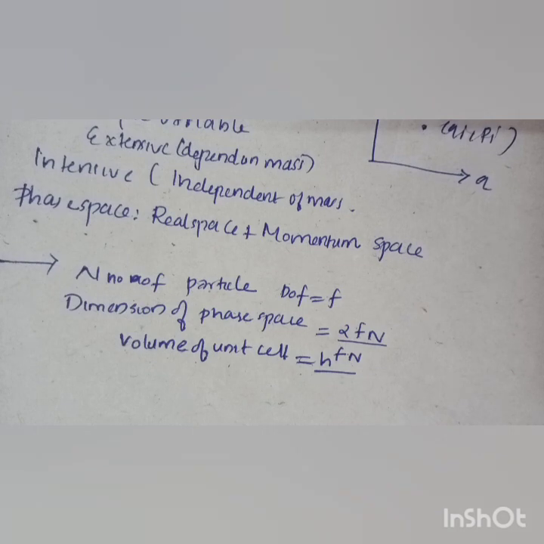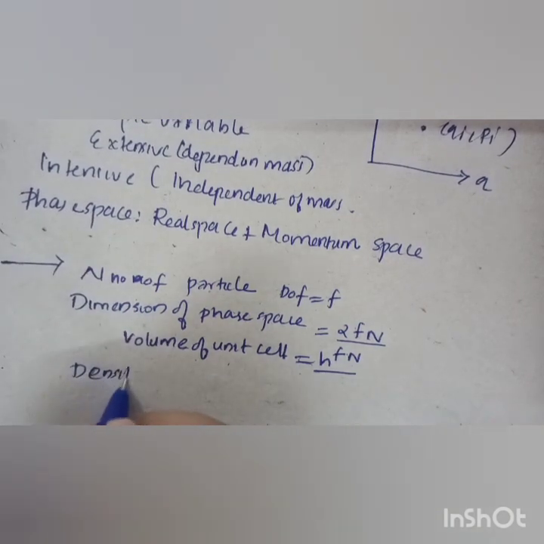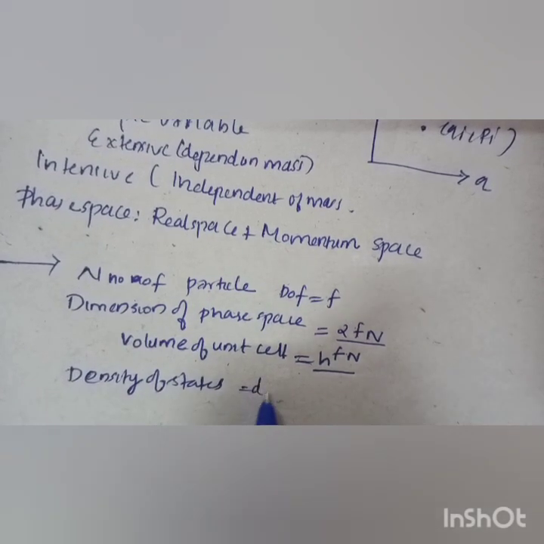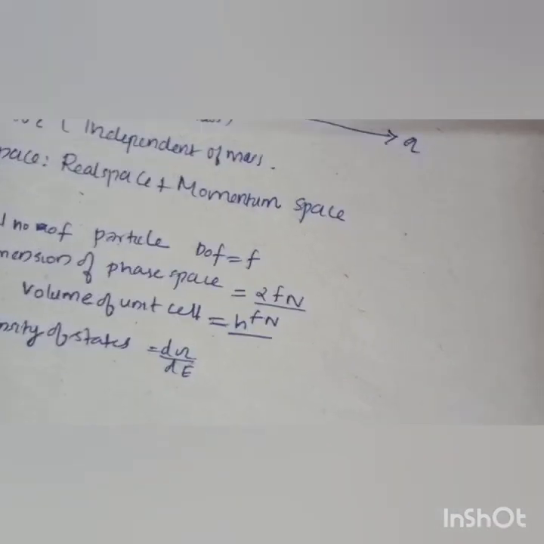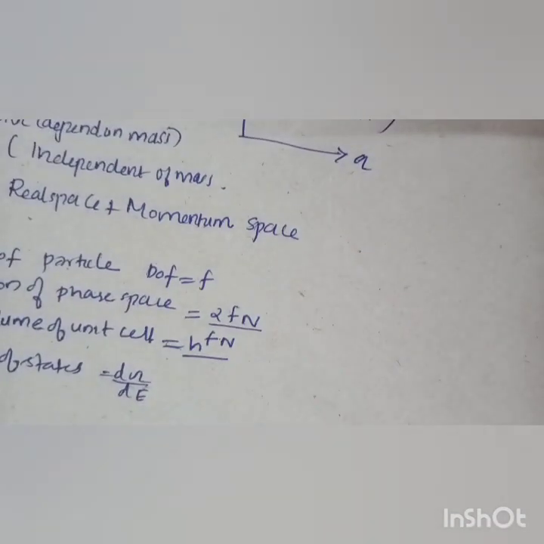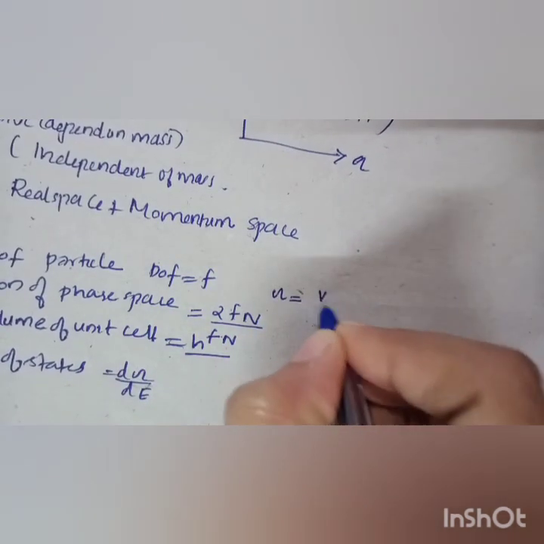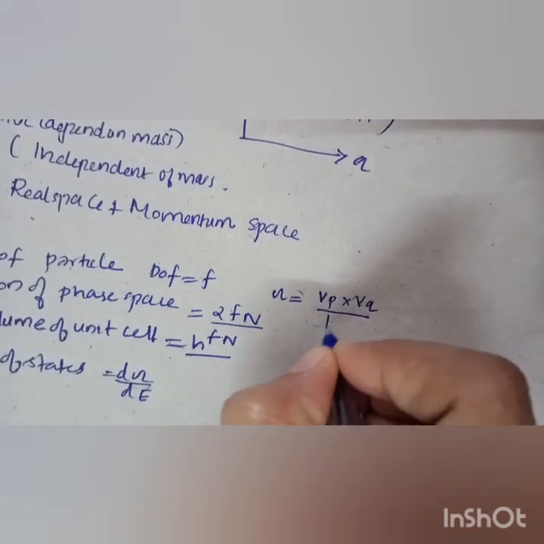And also we have to consider the density of states. Density of states is d omega by dE. So what is omega? Omega is the number of accessible states, that is the number of microstates, given by Vp into Vq divided by h power f.